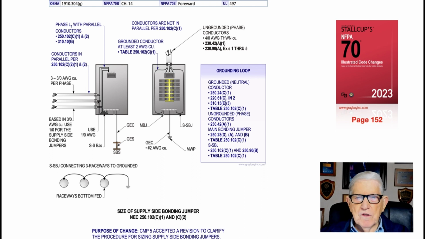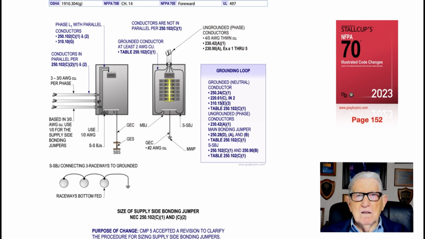Now this illustration deals with the size of the supply side bonding jumper in accordance with 250.102C1 and C2. The purpose of this change was that the code panel accepted a revision to clarify the procedure for sizing the supply side system bonding jumper. Now, notice in the panel board to the right, we have the system bonding jumper and the grounded conductor coming in.